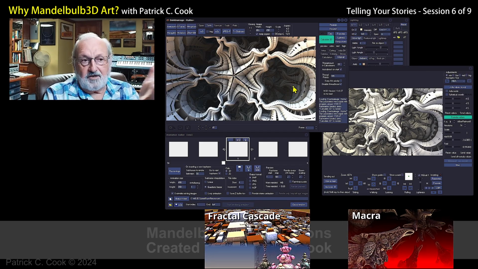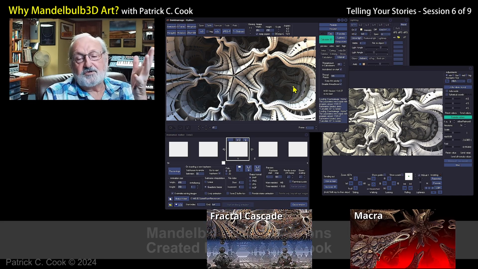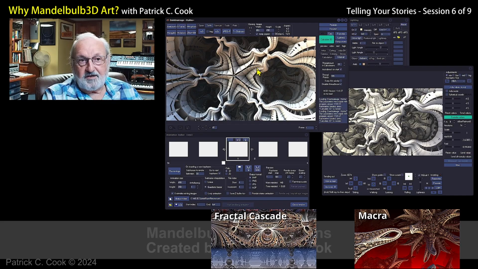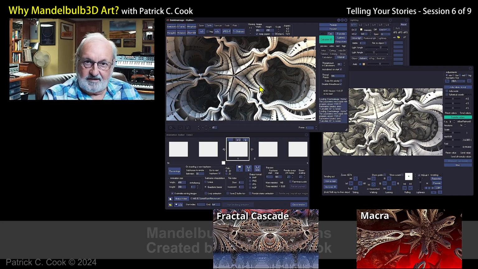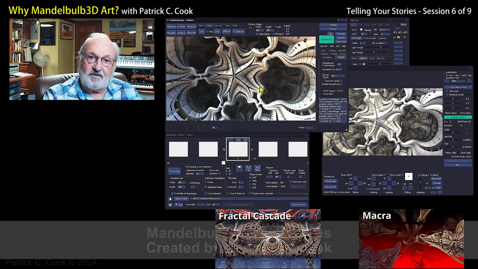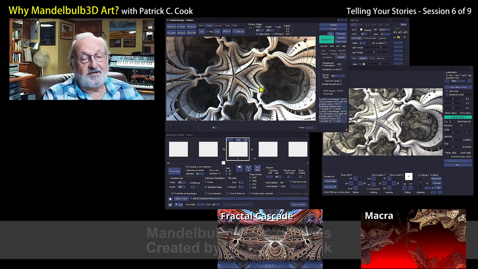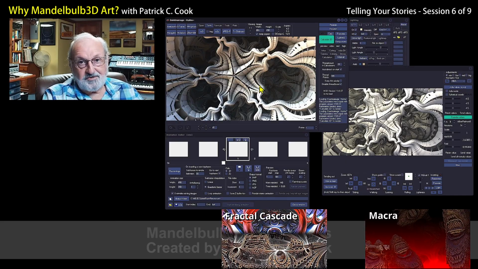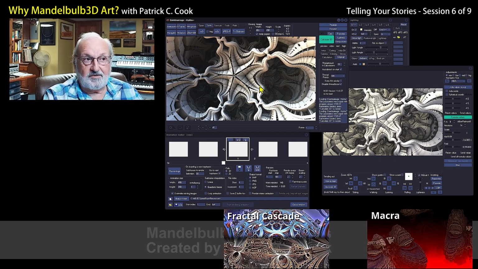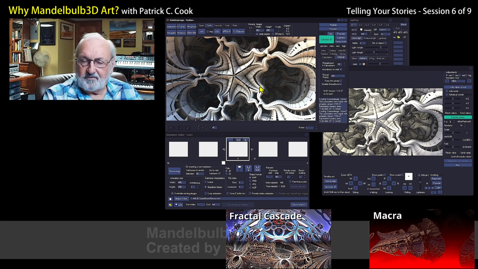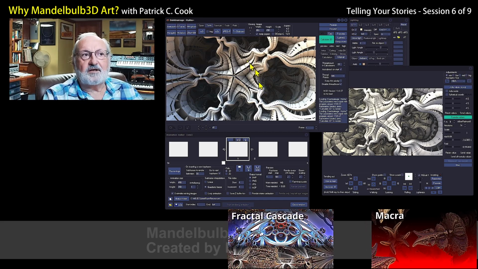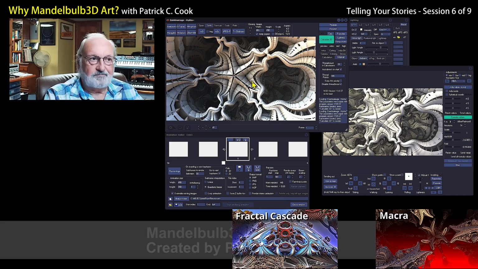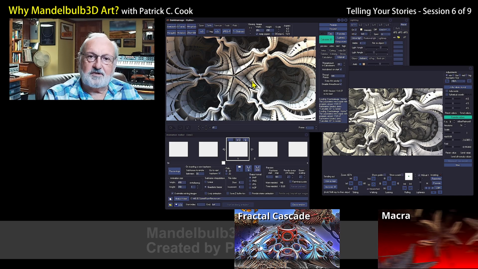The Mandelbulb3D application does give you the tools to make a really spectacular high definition still graphic. And I'll tell you what, there are a lot of software applications out there that will make you pay money to get a high resolution still render. Not so with this particular application.